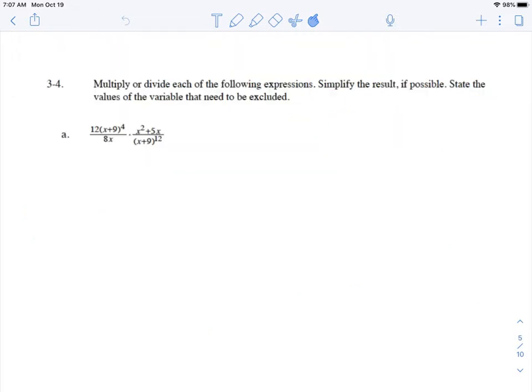Now we're going to move from simplifying rational expressions into multiplying and dividing rational expressions. So this is now multiply or divide rational expressions. The first thing to remember when multiplying or dividing rational expressions is you want your rational expression in factored form.